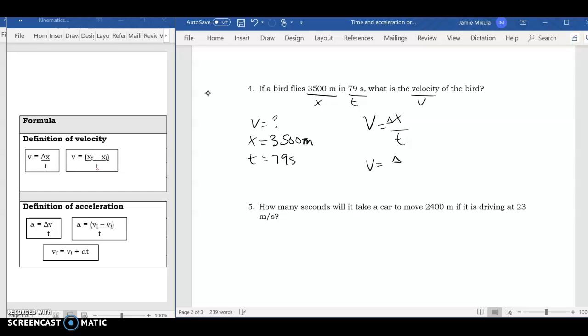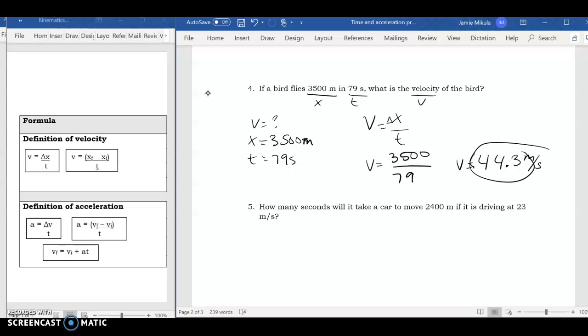This time you're just going to plug in the numbers as is and solve. You don't need to do any algebra because it tells you already what to do. So 3,500 divided by 79 is 44.3 meters per second.